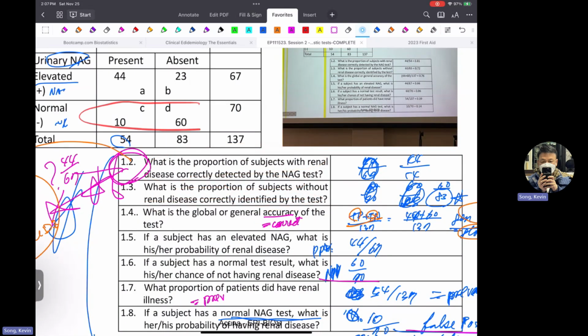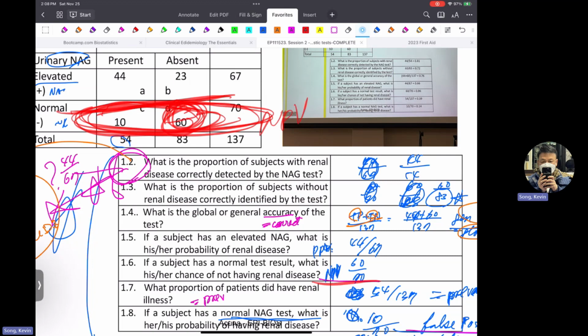If the test is negative, this whole thing, and then out of this, what's correctly identified? This is like I don't have the disease. So this is the negative predictive value, which is the true negatives out of all of this.